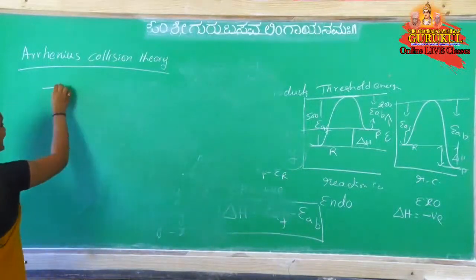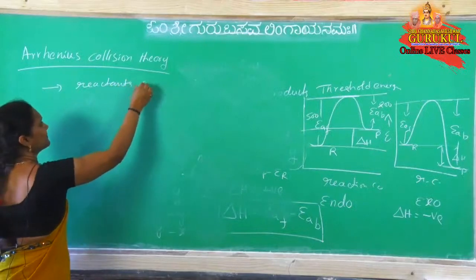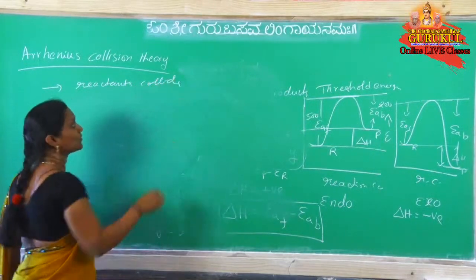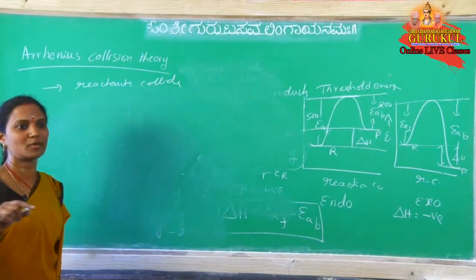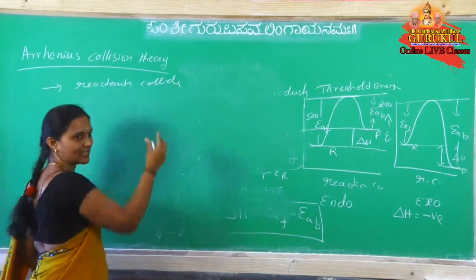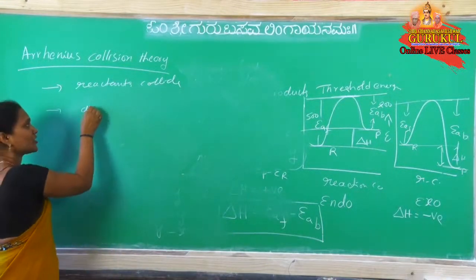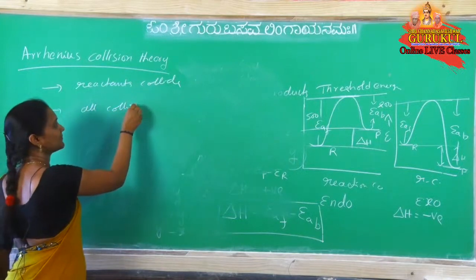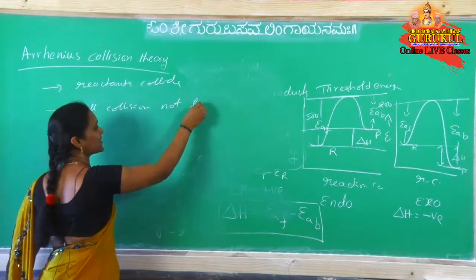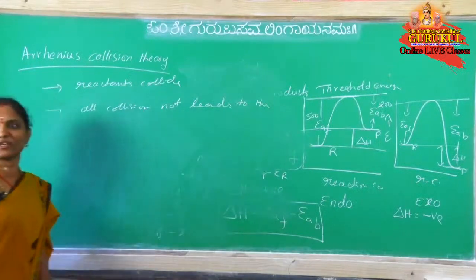Very simple, see this: reactants collide with each other. Collide, nothing but collisions. Reactant molecules collide with each other, but not all collisions lead to the formation of products.